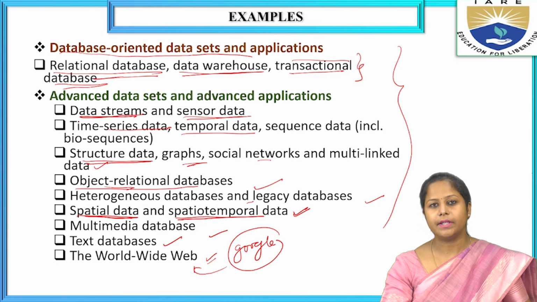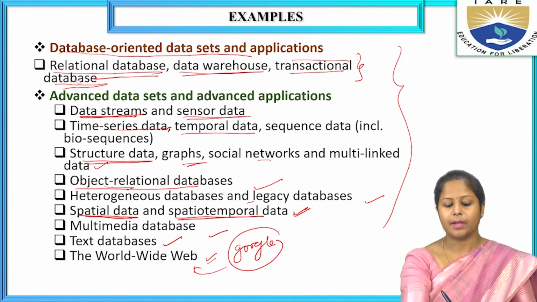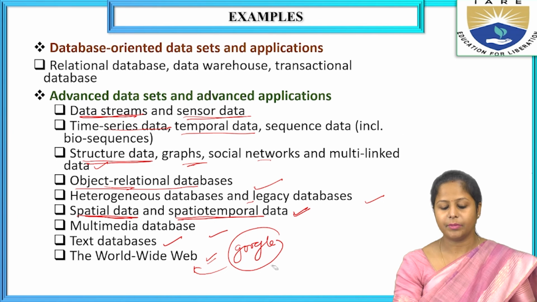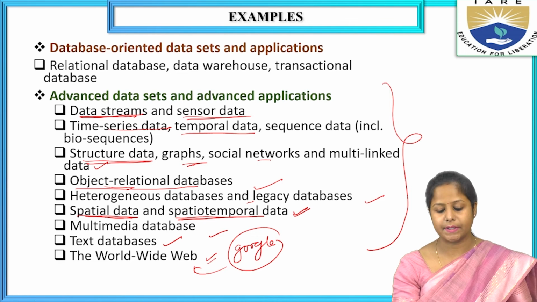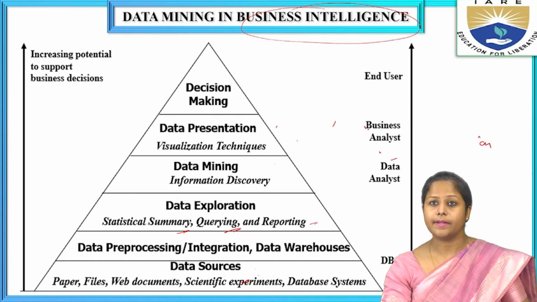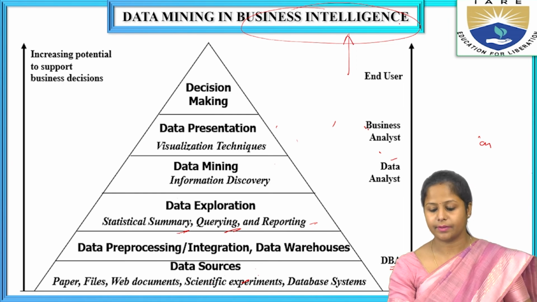So we have covered these examples. We are having some data sets from some type of relational database systems and from the advanced data sets, which is nothing but from the different sources for databases. So this we have taken as an example for some field, like business intelligence industry.